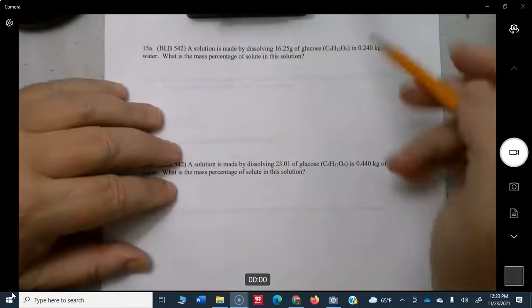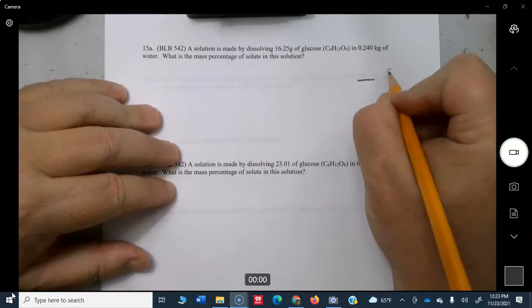15A. All right, a solution is made by dissolving 16.25 grams of glucose in 0.24 kilograms of water. What is the mass percent of the solute? So let's go ahead and write what mass percent is over here.